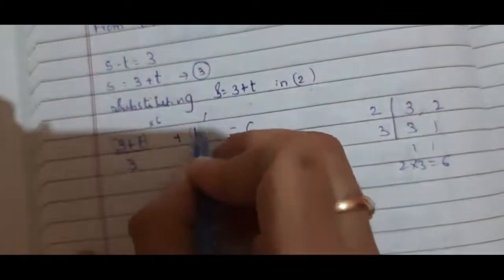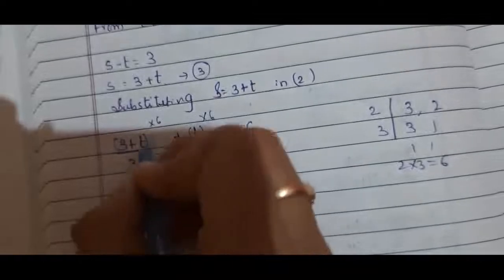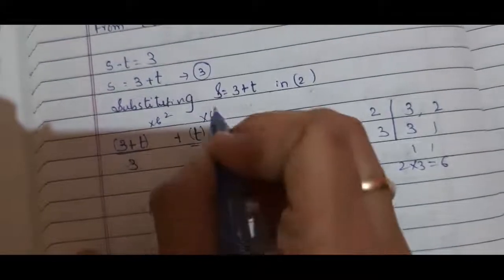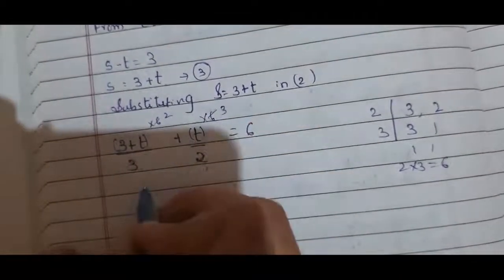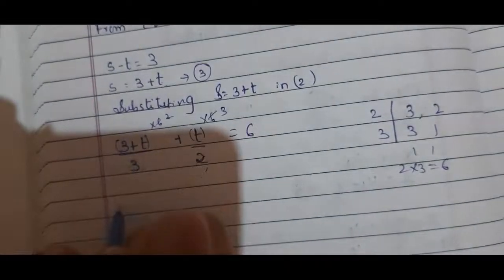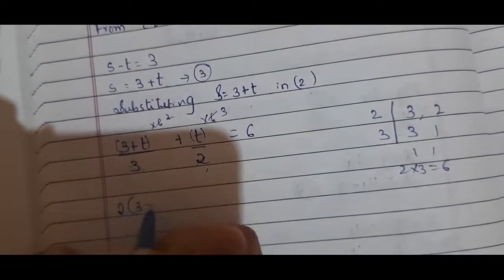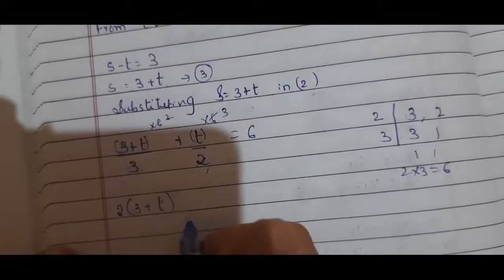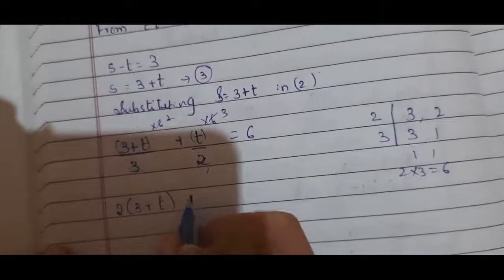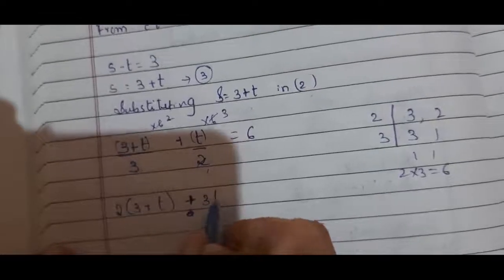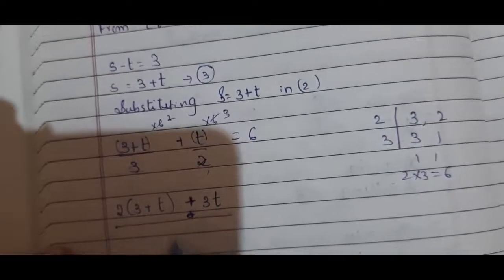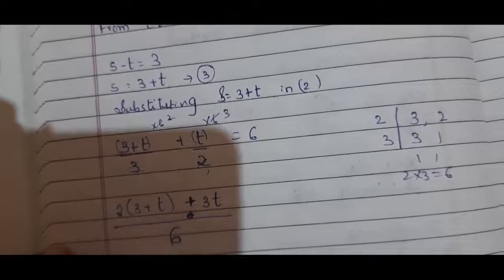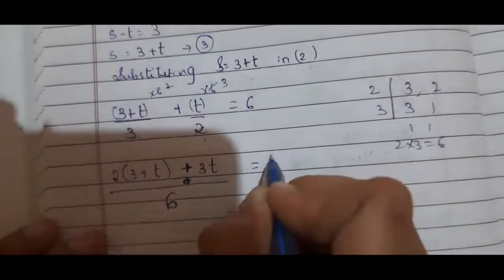6 and here also 6. 3 ones are 3, 2 ones are 2, 2 threes are 6. So 2 into 3 plus t, plus 3t, whole divided by 6 equals 6.